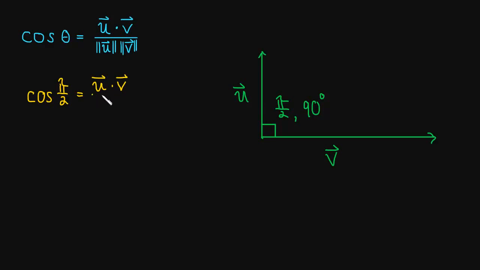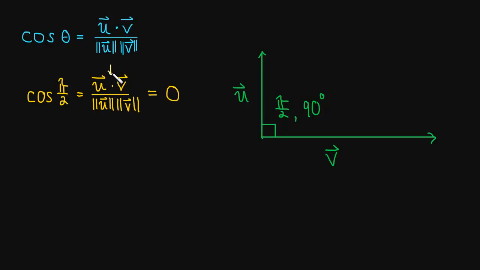And while I'm writing this, think about what is the cosine of pi over 2? What is that equal to? We know what it is, it's just a number, right? Well, the cosine of pi over 2 is 0. So all three of these things are equal, and they're all equal to 0. So what does that tell us?